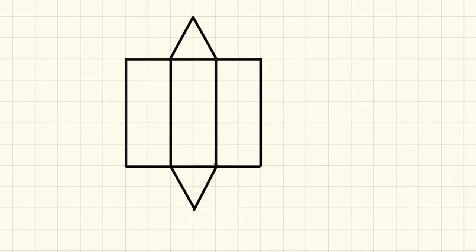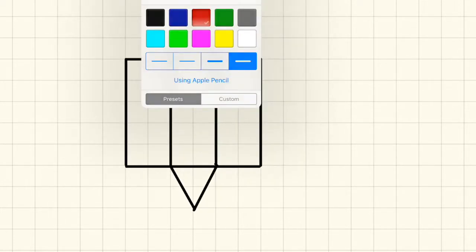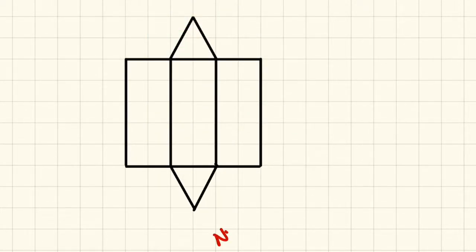So here's my net. Again, this time, this is the net. The net is when we take a three-dimensional object and we lay it out in a manner that's on a two-dimensional surface. So now I want to ask myself, what would that look like on a three-dimensional perspective, if we turn it into a three-dimensional?